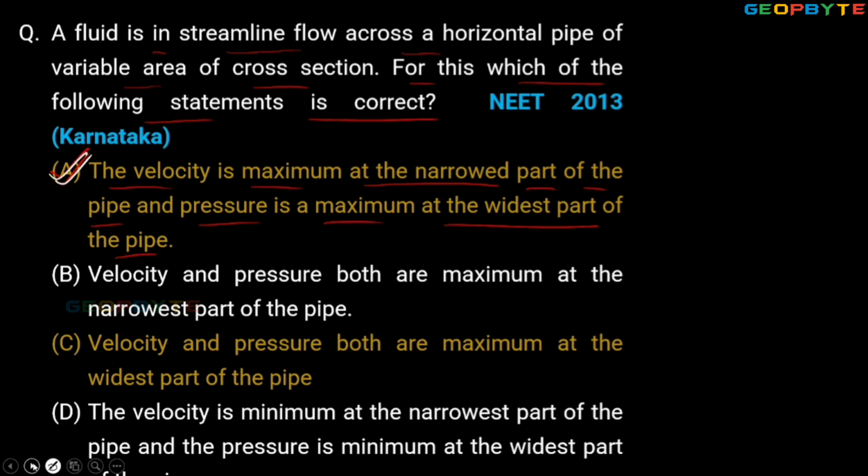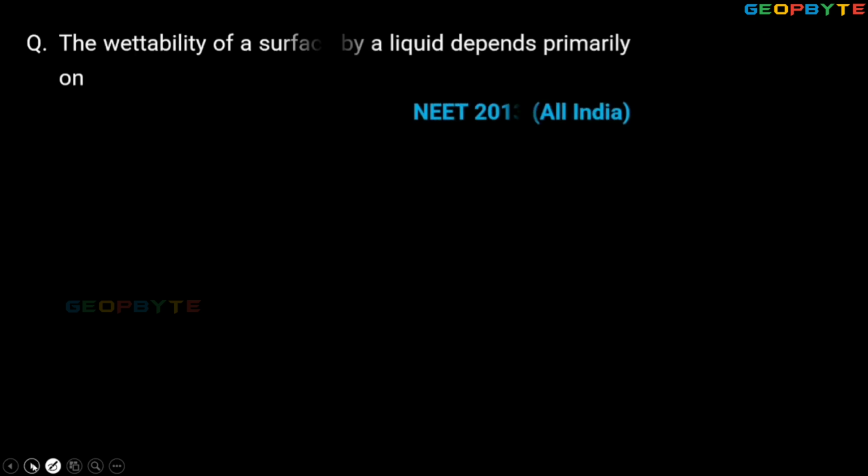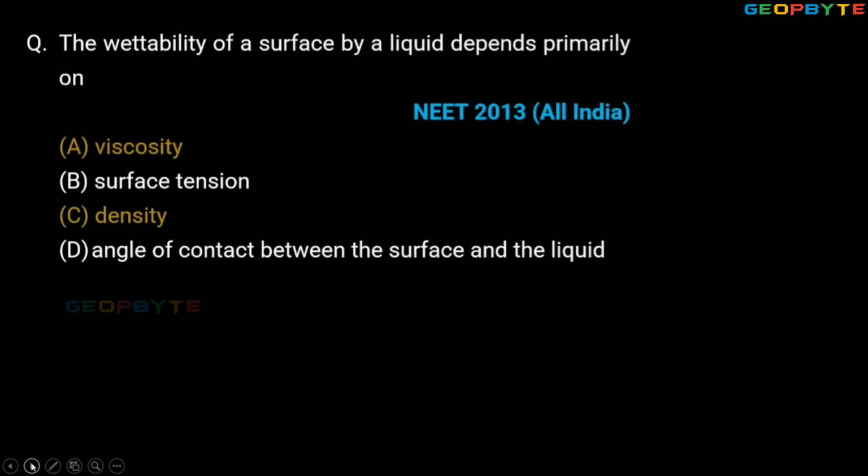Similarly, let us take another important problem. It is asking like this: the wettability of a surface by a liquid depends primarily on, dear friends, remember, whether the solid surface is becoming wet by the liquid or not depends completely on the angle of contact. When angle of contact theta equals 90 degrees, no wettability.